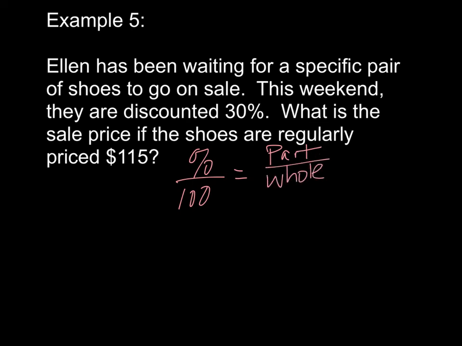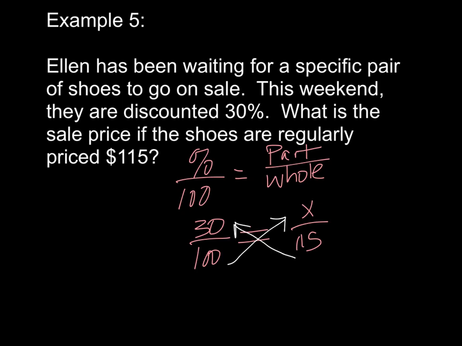Keeping in mind that our whole is always the original amount, we have 30 over 100, and that's equal to X over 115. We do our cross products, and we get that X equals $34.50.